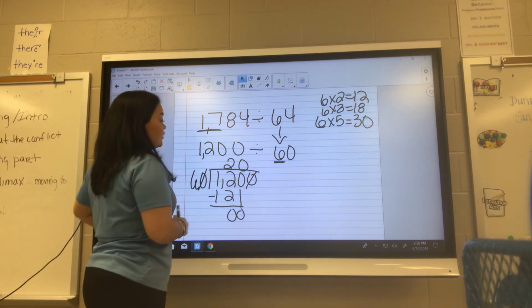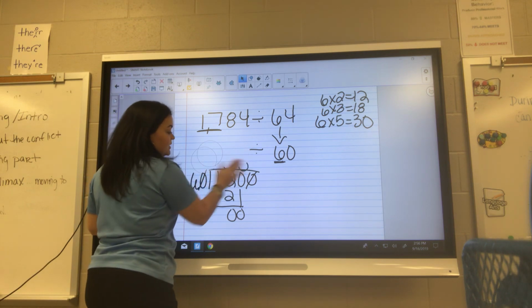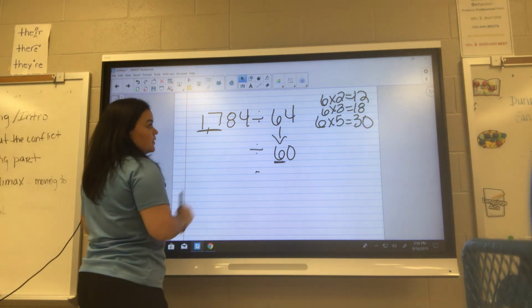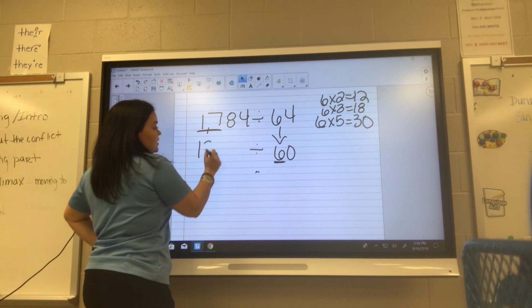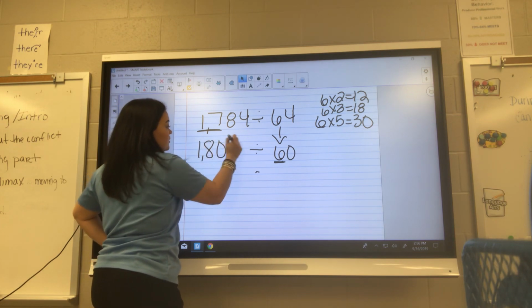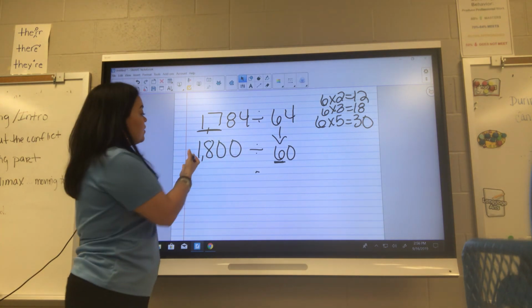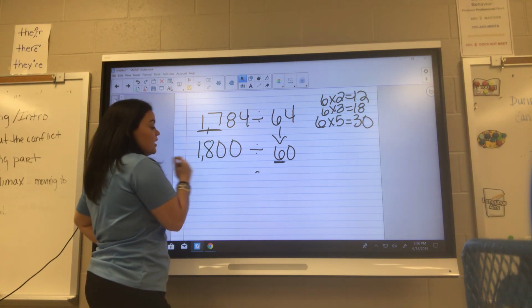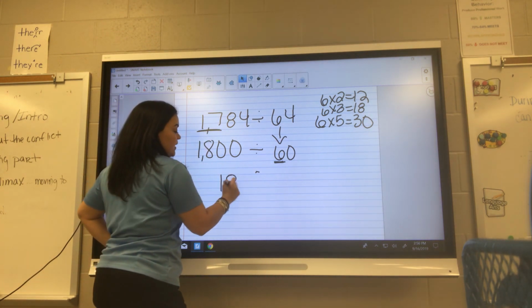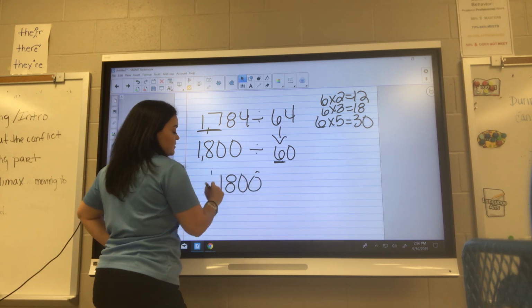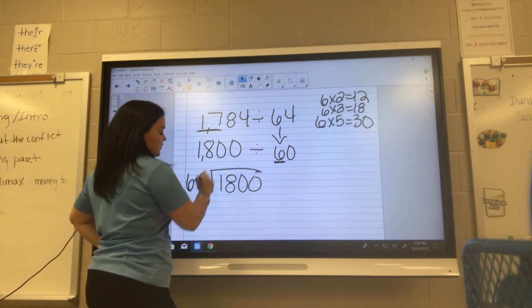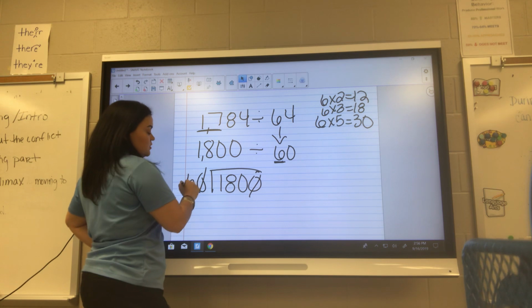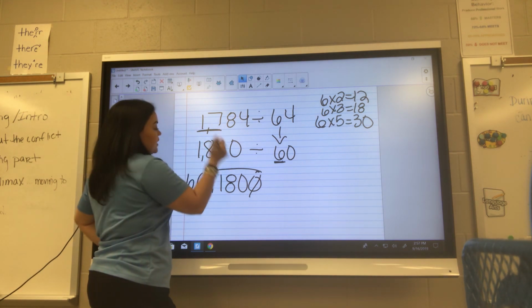Now if we would have used the 18, which is this number here, because sometimes we don't have to follow the rule, sometimes there are exceptions. We can use the 18, it's still a compatible number. So we did that, divided by 60. So 6 into 18, that was 3.